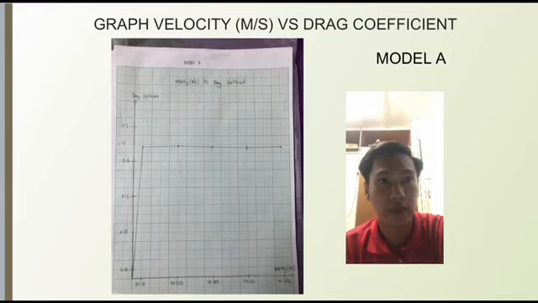This is the graph of velocity versus drag coefficient for Model A.